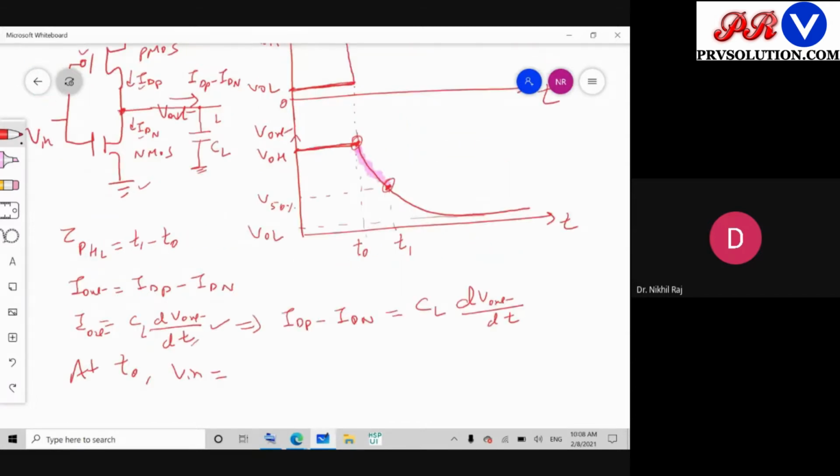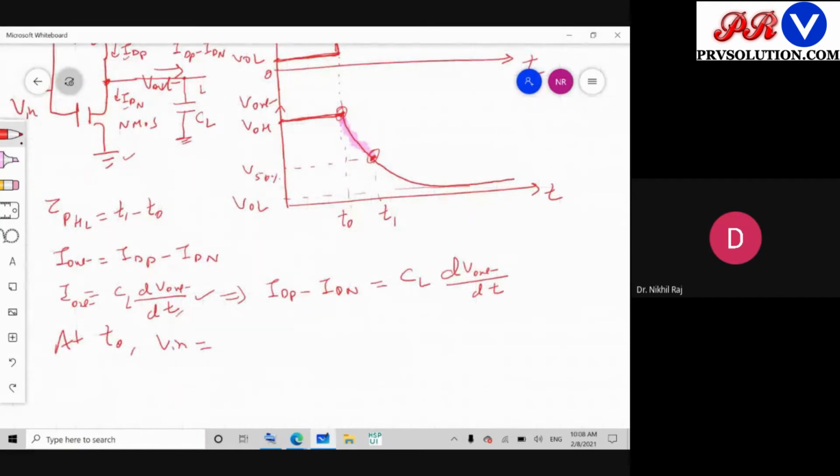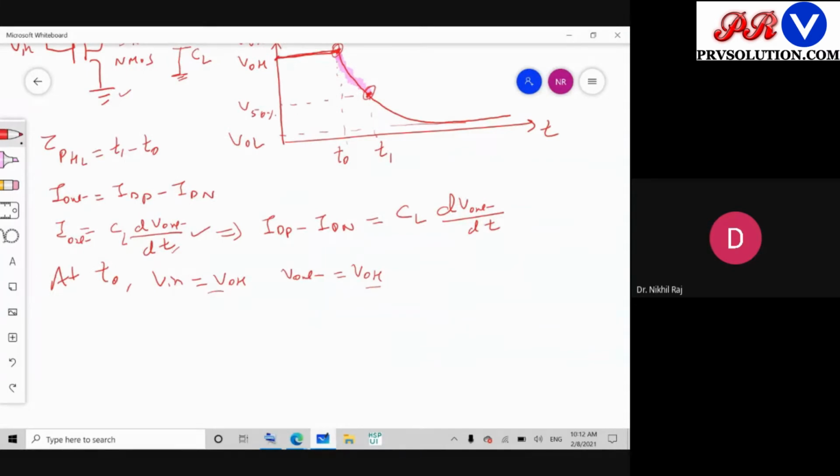So in the graph, what I see at T0 point, my input is nothing but VOH. Means if it is an ideal step, means very low rise time is kept, then at T0 it is nothing but VOH. So I can write here, when V in is VOH at T0.